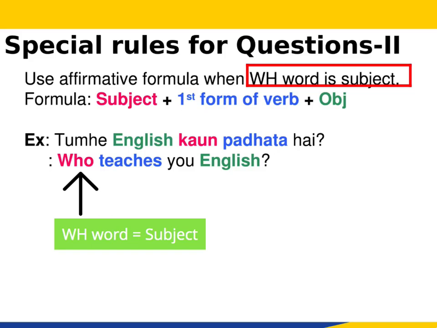Okay? So affirmative simple present का formula था क्या? Subject plus verb plus object. So here it says when the subject is the WH word, then we can apply this formula.